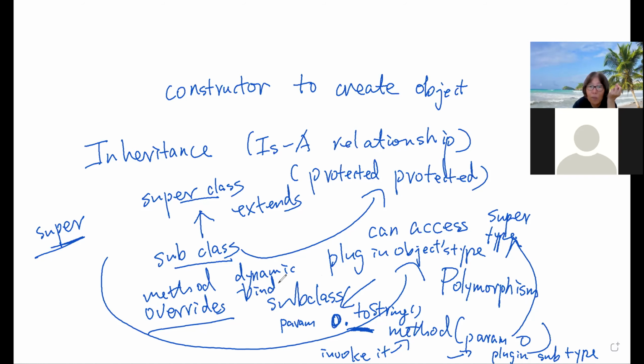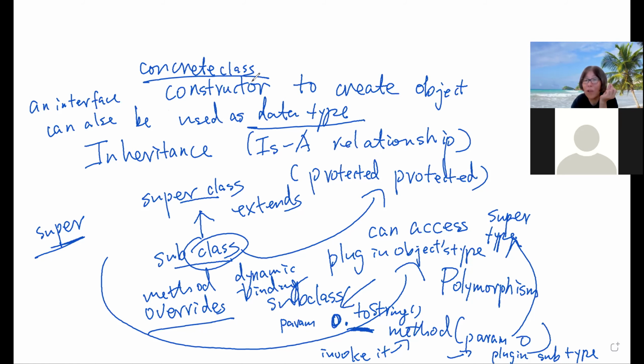When you call some method on an object, it depends on which concrete class owns that method. Then it dynamically binds that specific method.